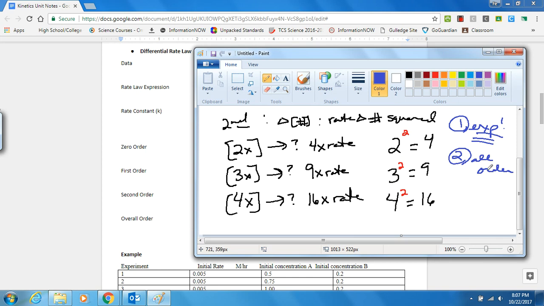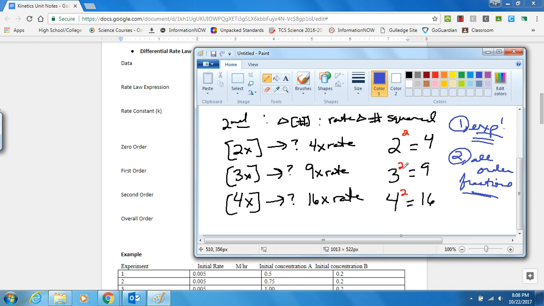You do have to find them experimentally, but they can be fractions, they can be anything other than 0, 1, or 2, but 0, 1, and 2 is what we're going to be working with in AP because those are the most common. So just notice that orders do not have to be those numbers. That's just the most frequent that we'll see there. Okay, so they can be other things.